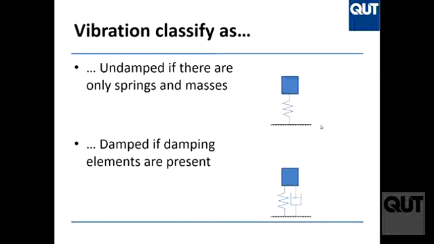Good. Another classification. Vibration is classified as undamped if there is no damper, and damped if there are damping elements, one or more. What do you think is the difference between the two, intuitively? If there is no damper, what happens? But it oscillates in every case.